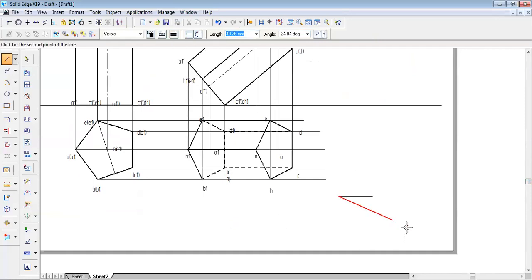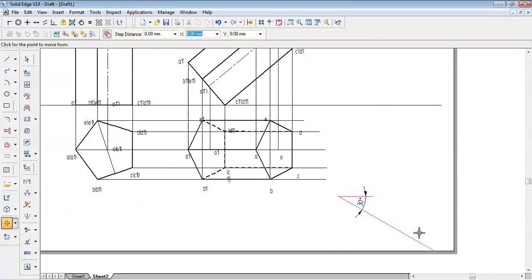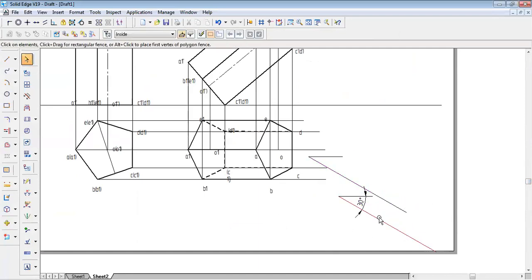Then take a 30 degree angle. Draw a 30-degree line like this. On this 30-degree line, the resting base edge is making the angle.